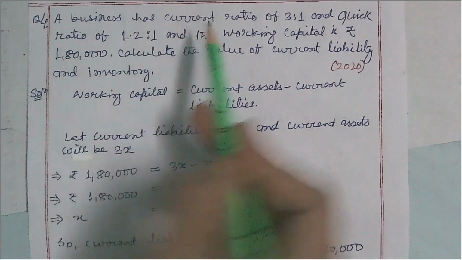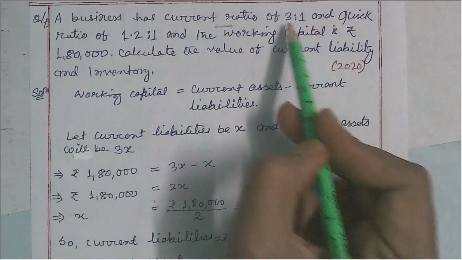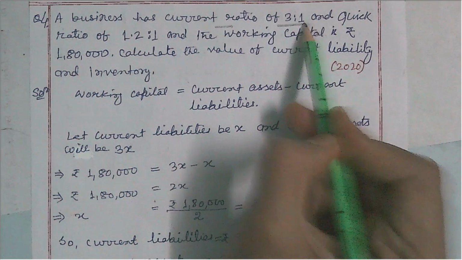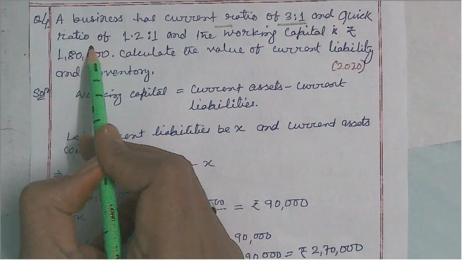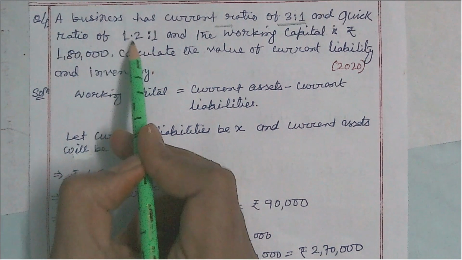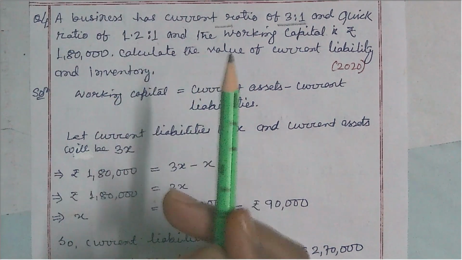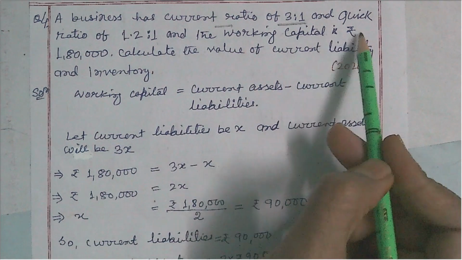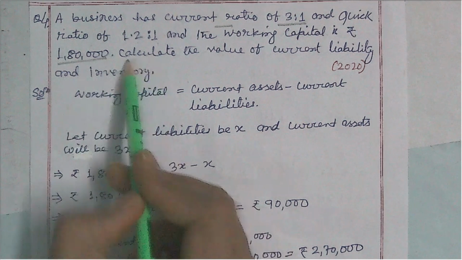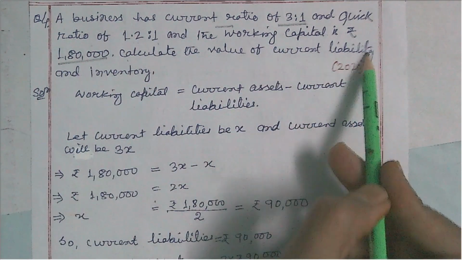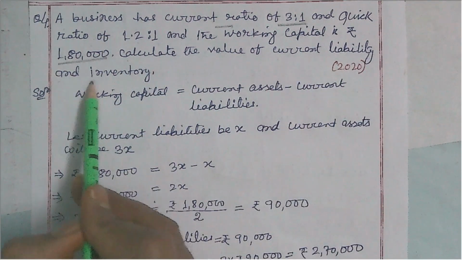A business has a current ratio of 3:1 and a quick ratio or liquid ratio of 1.2:1, and the working capital is rupees 1,80,000. Calculate the value of current liabilities and inventory.